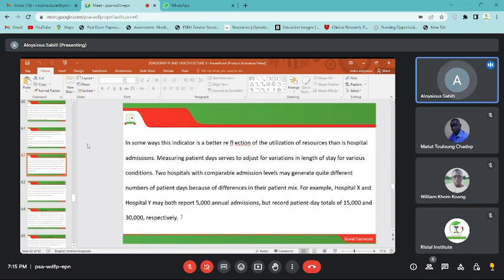For Hospital X, we're saying that they had 5,000 admissions, or people who were admitted in the hospital, vis-a-vis the 15,000 days they spent. So if you wanted to get the length of stay for Hospital X, you would have 15,000, which are the days, divided by 5,000, which is the patients. So it would mean that the length of stay for a patient in Hospital X was 3 days.